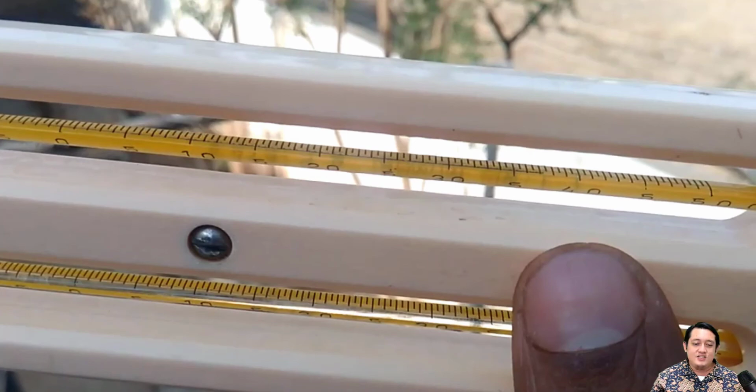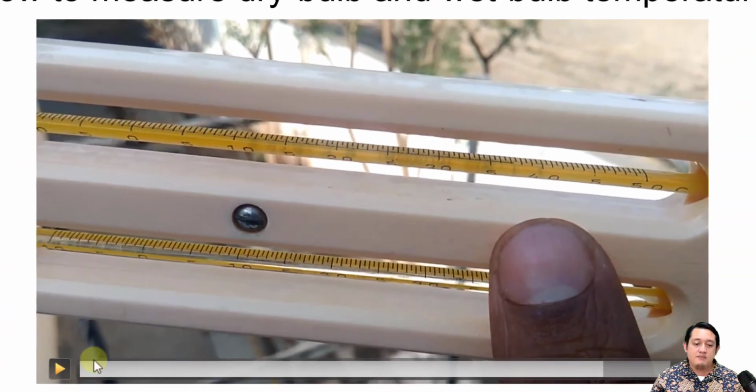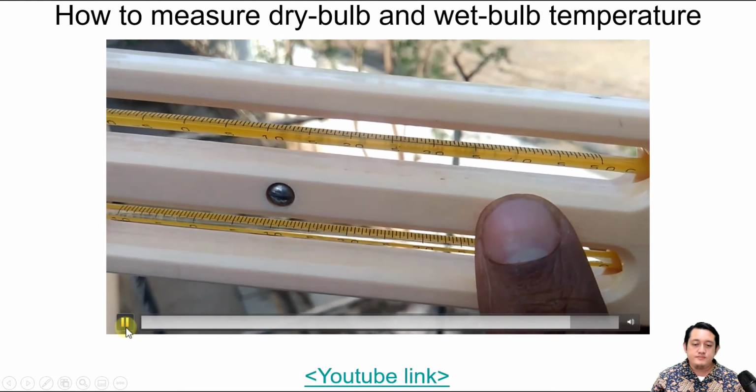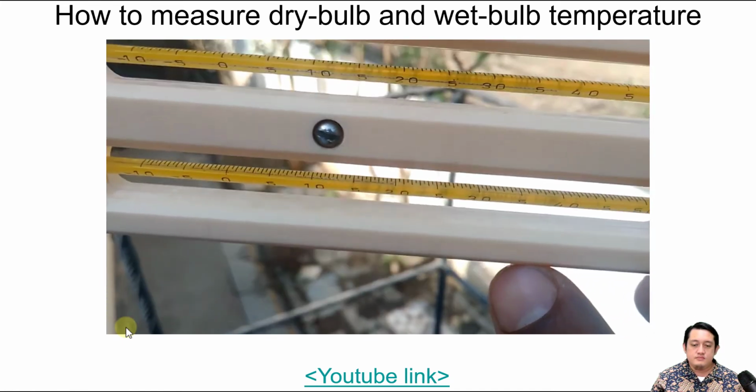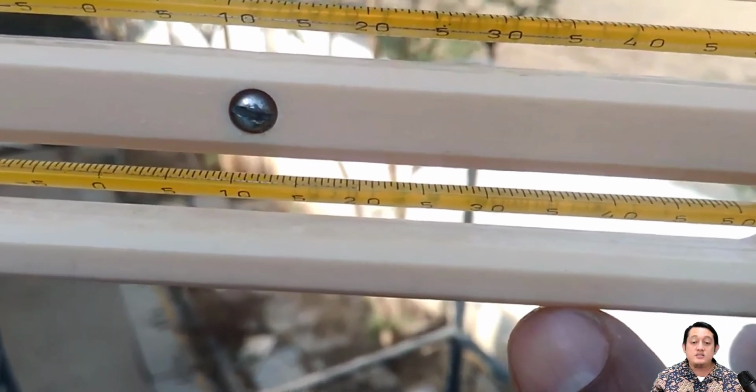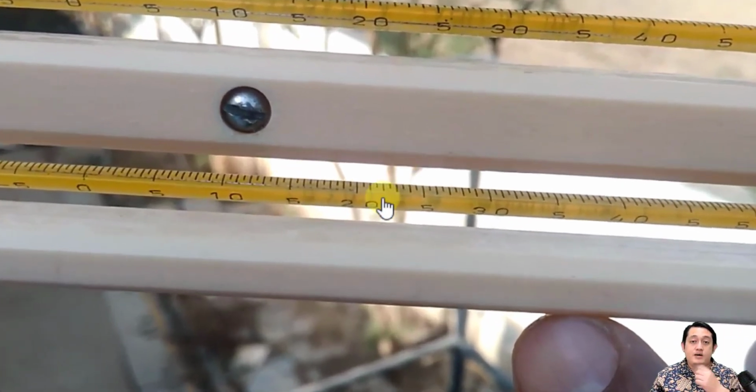This is the dry bulb temperature. And the wet bulb temperature is, if you can see here, around 20 degrees Celsius.